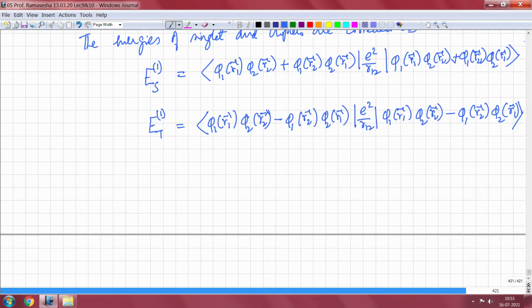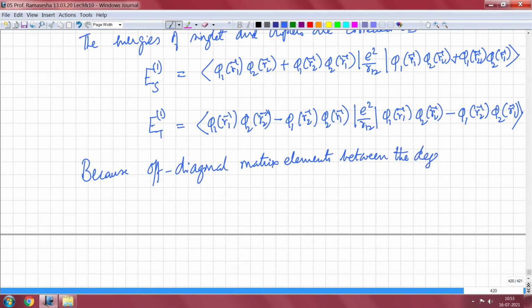We can get away with non-degenerate perturbation theory because the off-diagonal matrix elements between the degenerate states are 0, simply because of spin orthogonality, so we can carry out non-degenerate perturbation calculations.